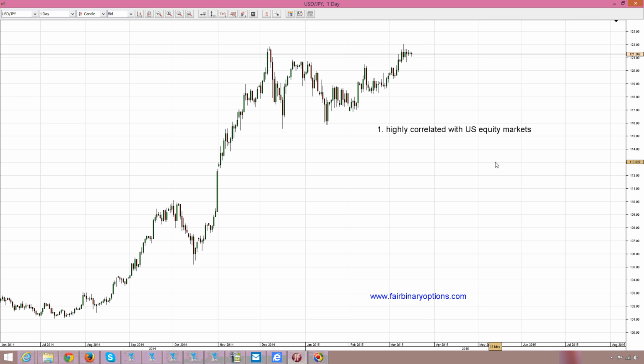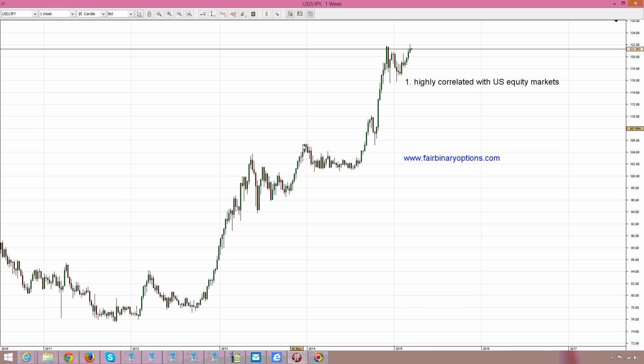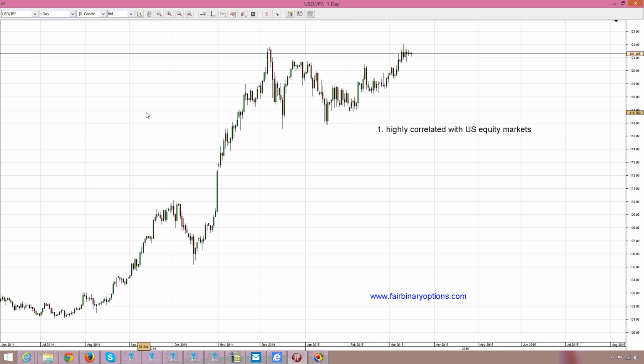Now lately, if you go on the bigger time frame, on the weekly and monthly chart, the pair rose virtually almost vertically from the 75 level all the way to the current 121. And the reason for that was a massive, but absolutely massive, quantitative easing program that is being run in Japan.